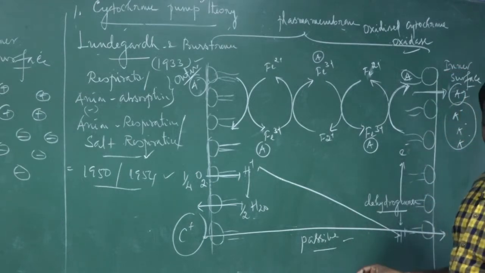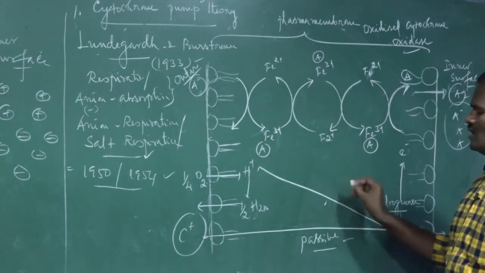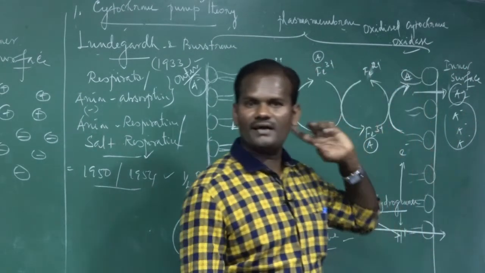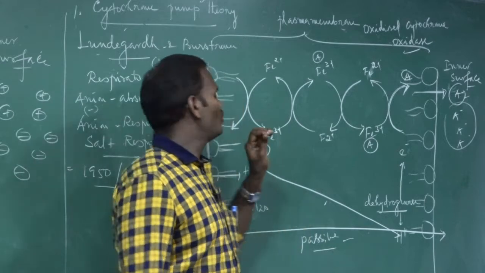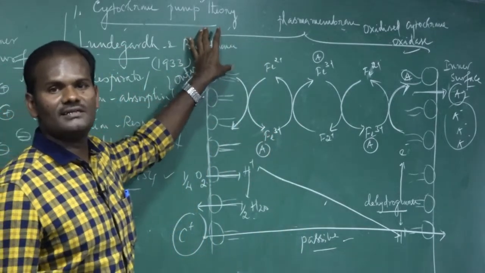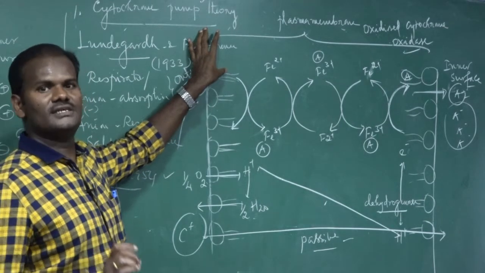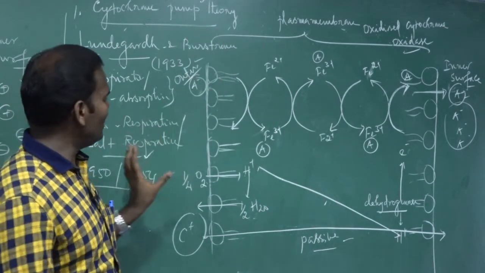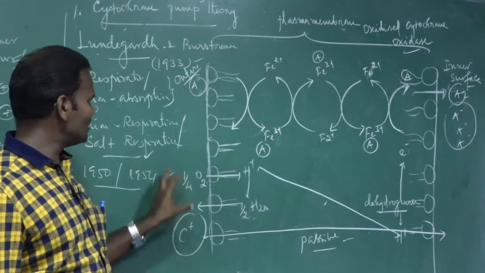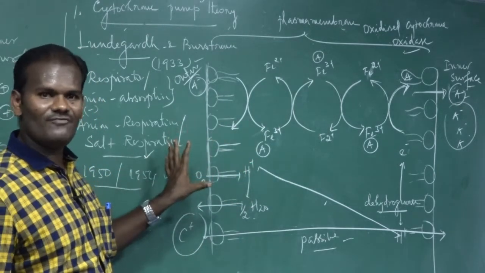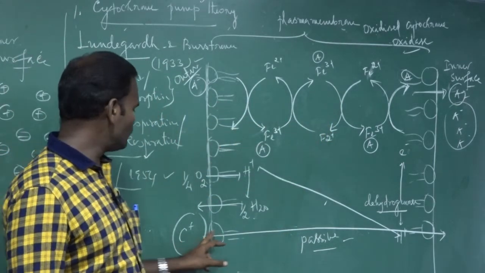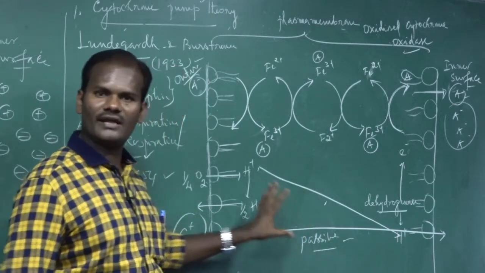These assumptions were developed by Lundegardh. The cytochrome pump theory was proposed by Lundegardh based on certain assumptions. What are the assumptions? First, anions and cations are transported differently: anions are transported through a carrier molecule, while cations are transported without any carrier molecule.